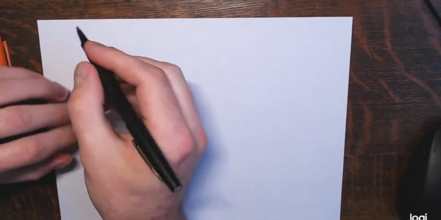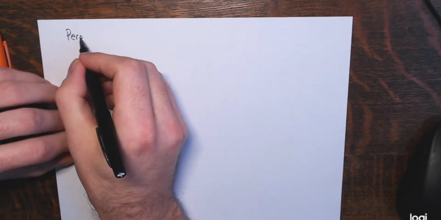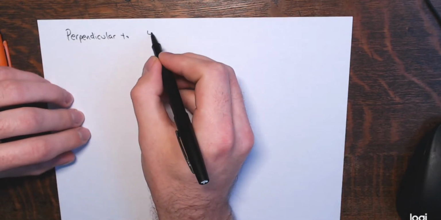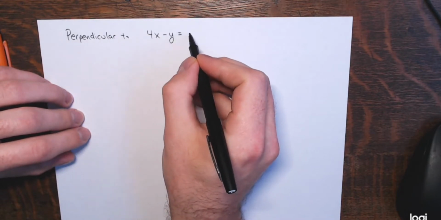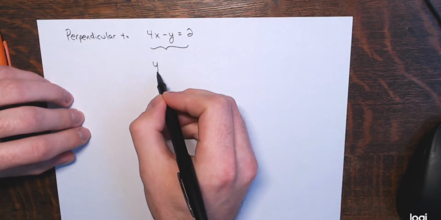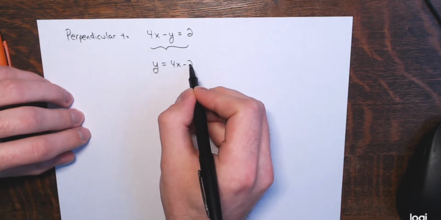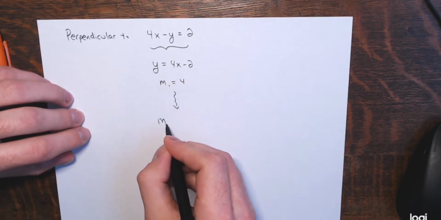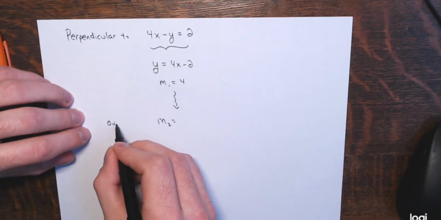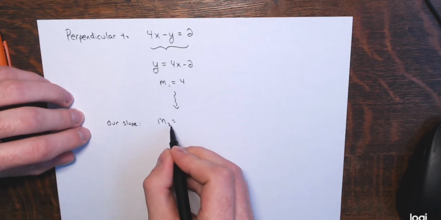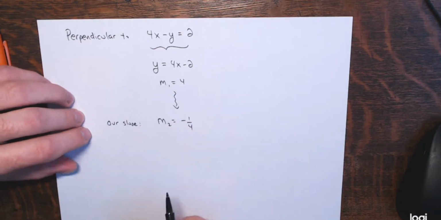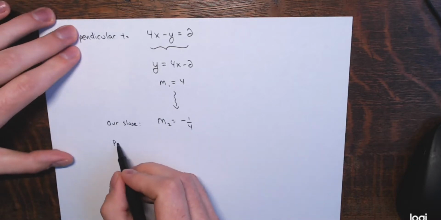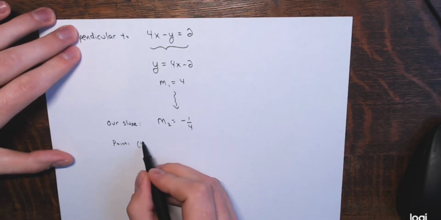Our line is perpendicular to this line, 4x minus y equals 2, and if I solve this for y, y equals 4x minus 2, the slope of this first line equals 4, meaning the slope of our line must be -1/4. The opposite reciprocal. And then the point that's on our line is (4, -2).